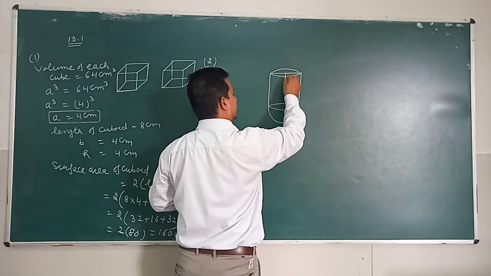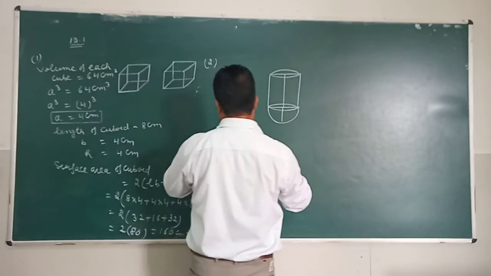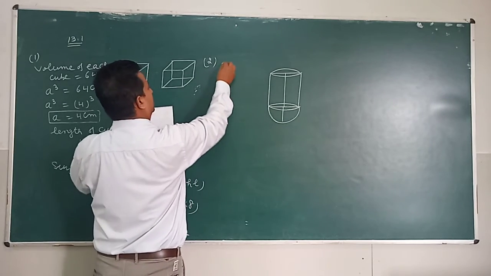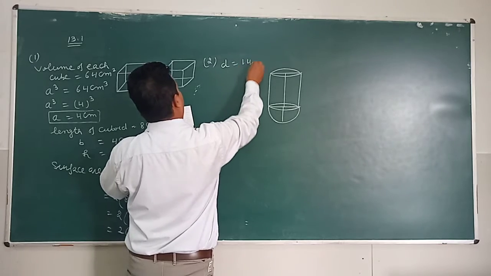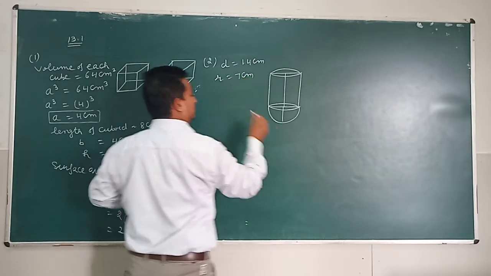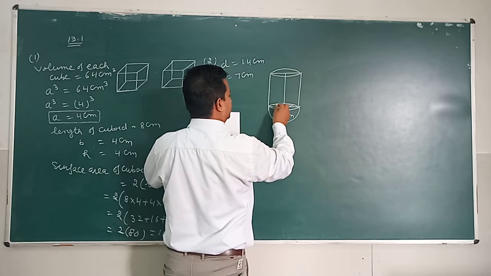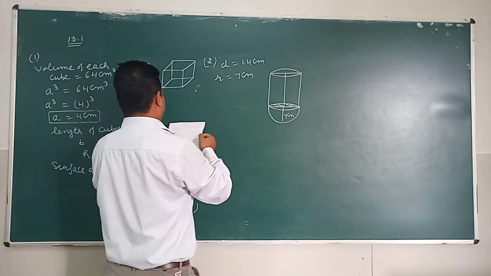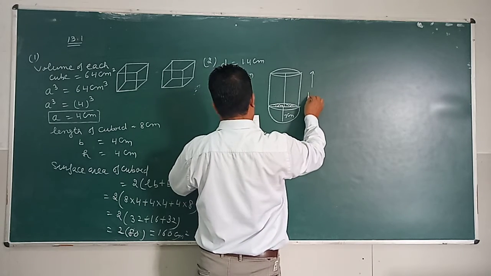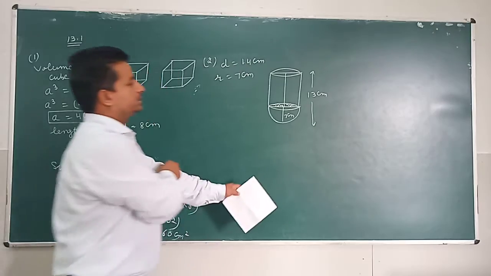In this question we are given the diameter of hemisphere is 14. So its radius is 7. This means this is 7 radius, this is 7, this is 7, and the total height of the vessel is 13. We are required to find the surface area.